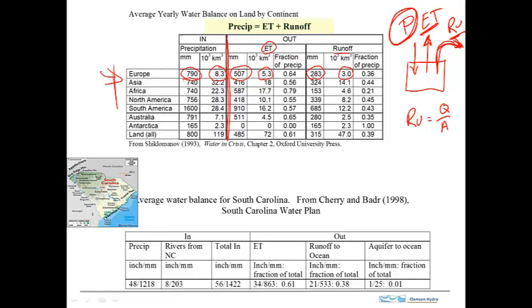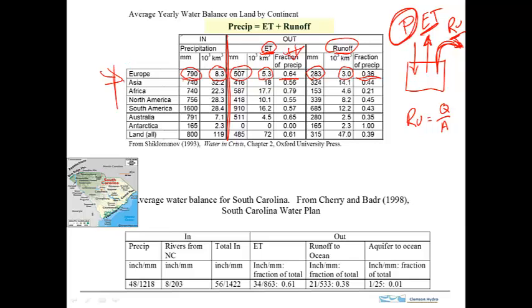So in this column I've normalized those fluxes, the ET and the runoff, to the precipitation coming in. And so in Europe, 64% of the precipitation is being removed as ET, and 36%, or 0.36 as a fraction, is going as runoff.